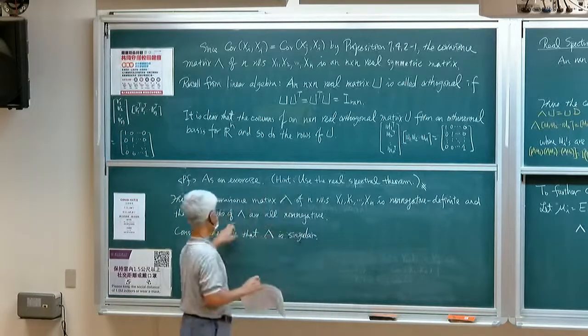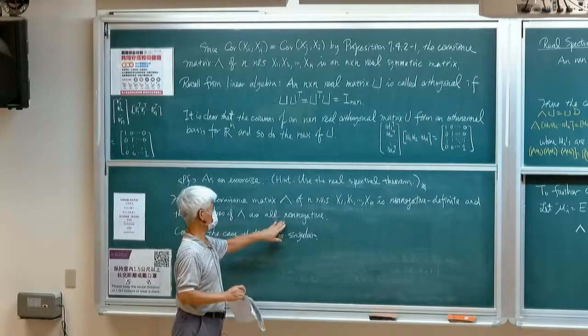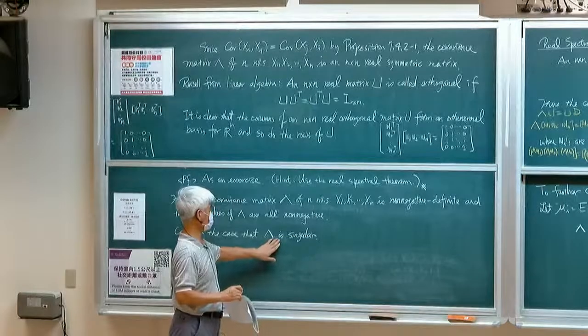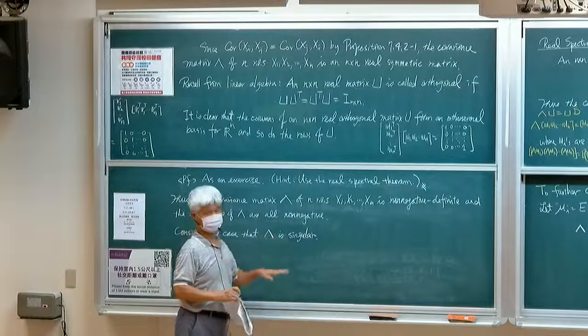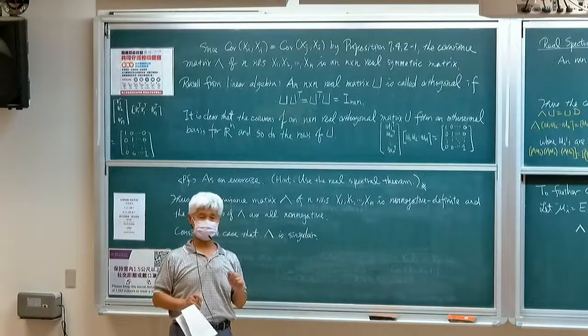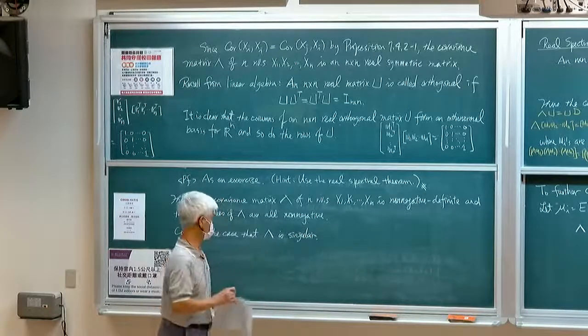Because all eigenvalues of lambda are non-negative, when lambda is singular, then some of the eigenvalues are zeros, and the others are all positive.